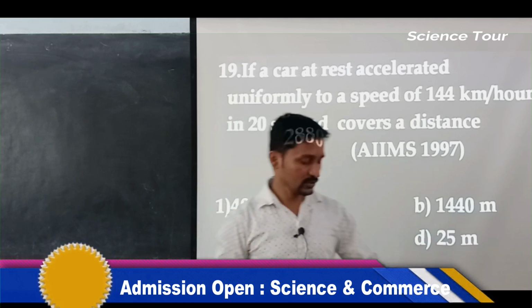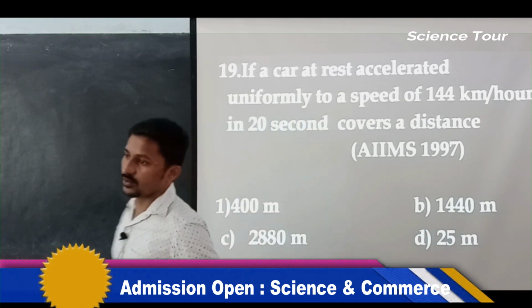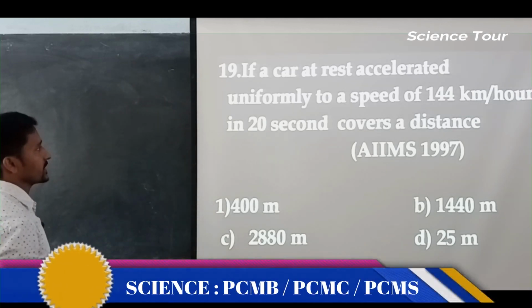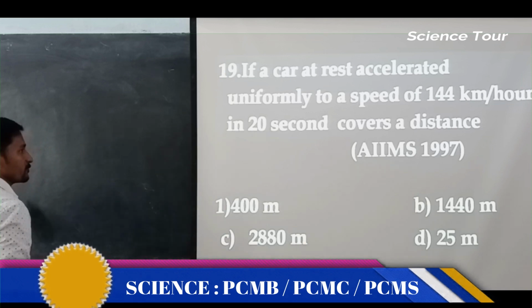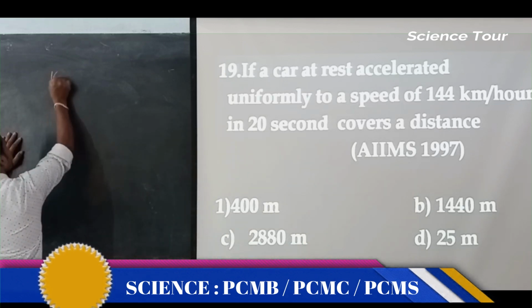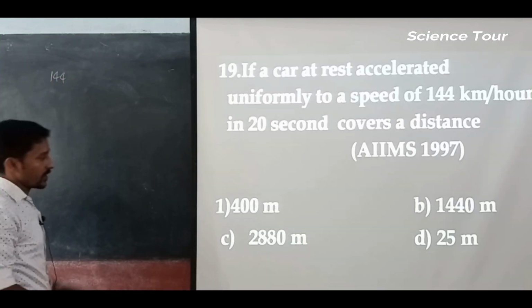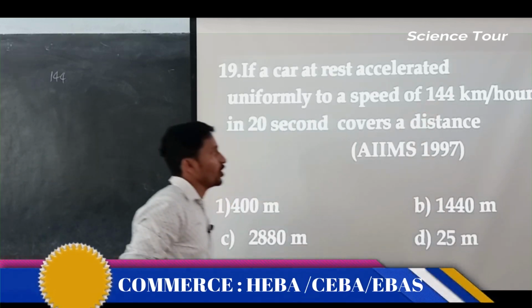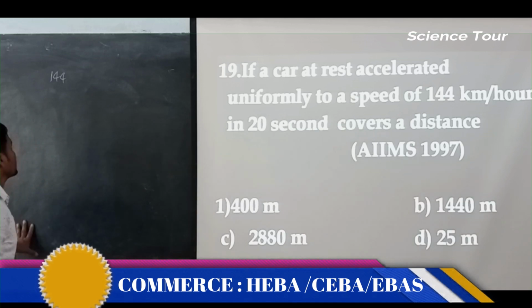And we are going to move to the next question. If a car at rest accelerated uniformly to a speed of 144 km per hour, here it is given in kilometer per hour, you have to change it into meter per second.